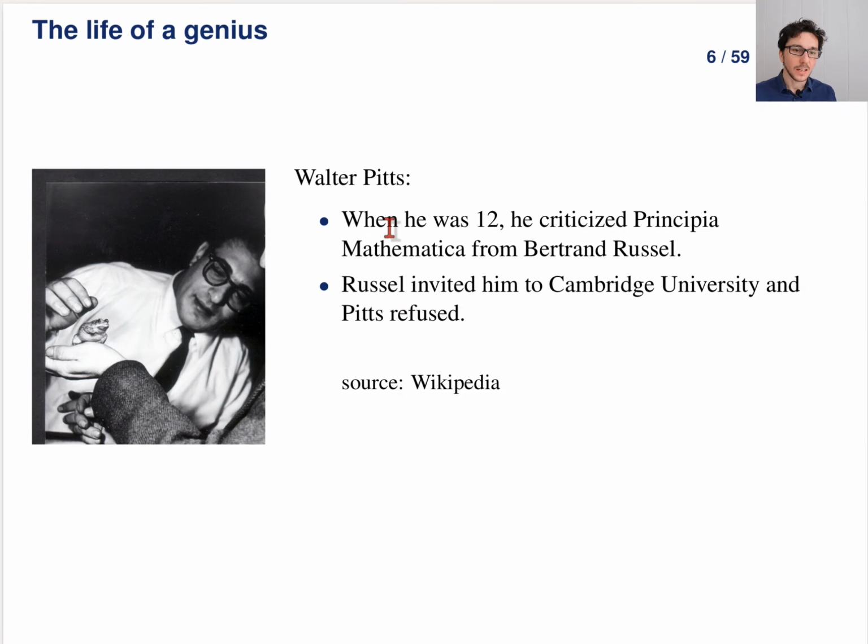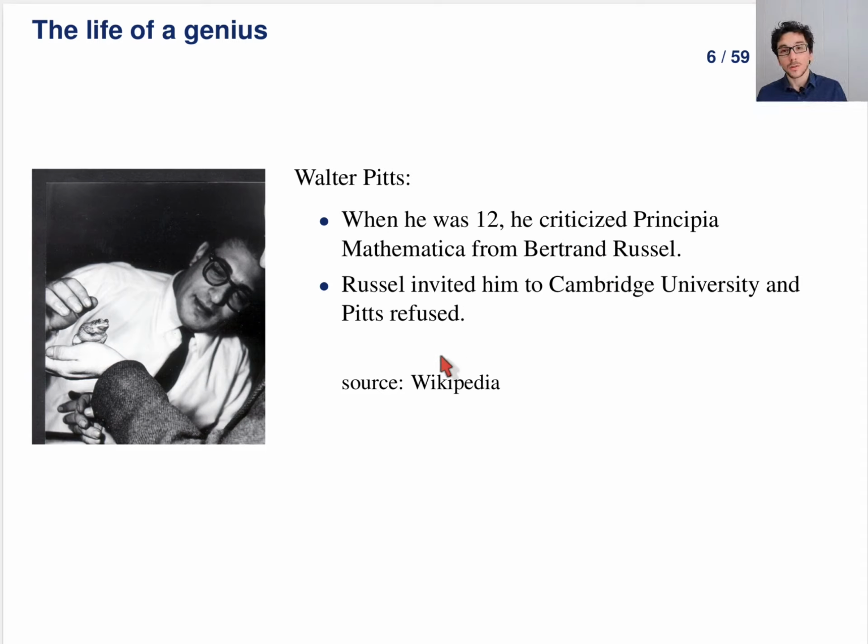Just as a side piece of information, Walter Pitts is a clear demonstration of a genius. When he was just 12 years old, instead of playing with his friends, he was already reading books of logic. And he was also criticizing books from very well-known logicians of those times, like Bertrand Russell.